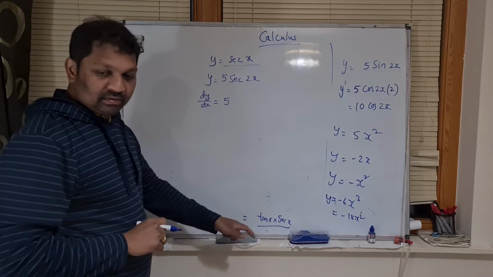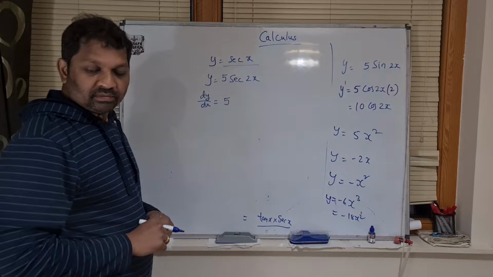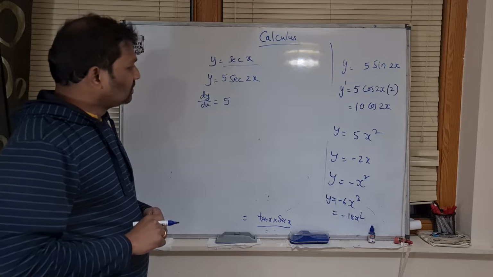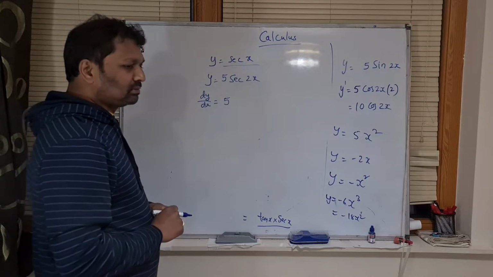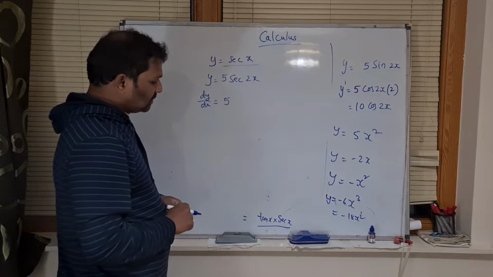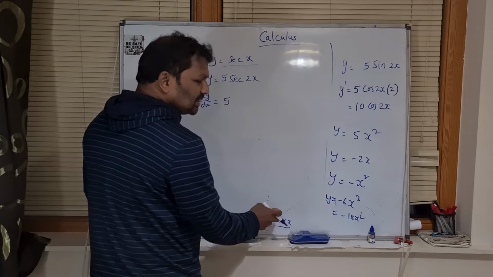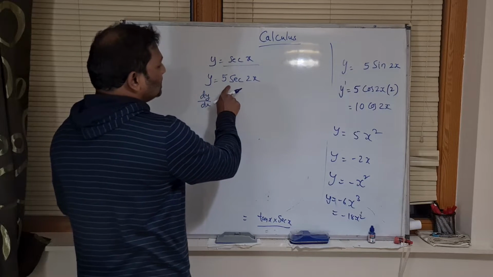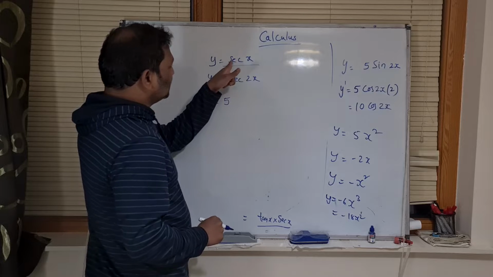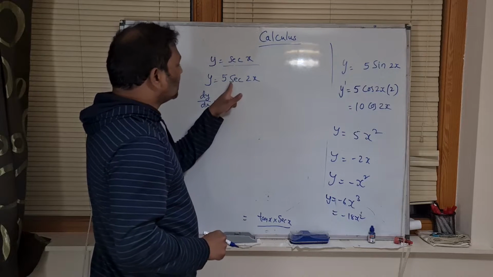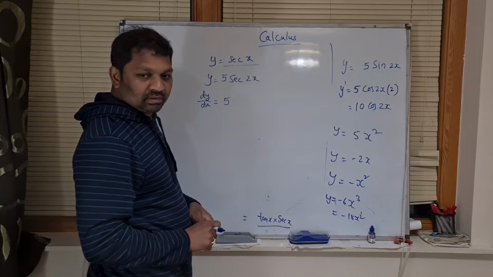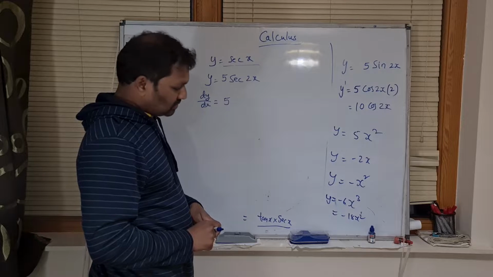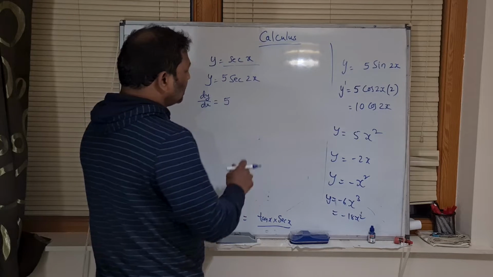The formula gives tan 2x times secant 2x, and then multiplied by 2.